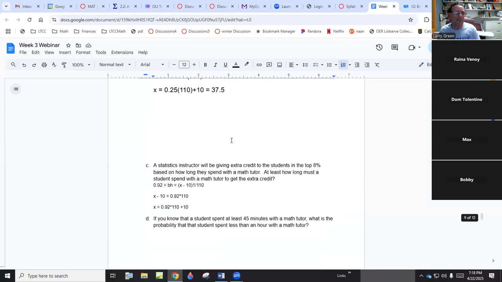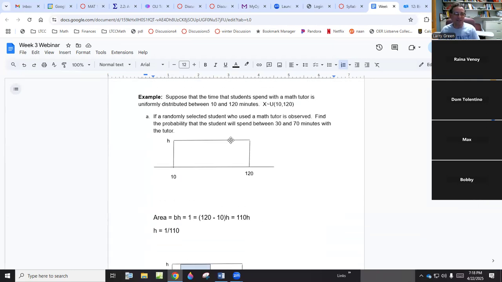Okay, so now what I want to do, we could look at this as the example. If I wanted to find the mean of this distribution, remember another word for mean is average, what do you think I would do? What's your guess?